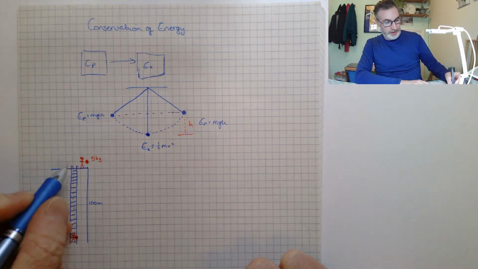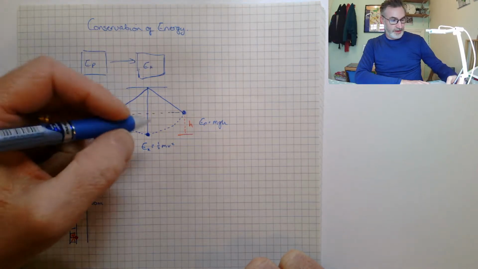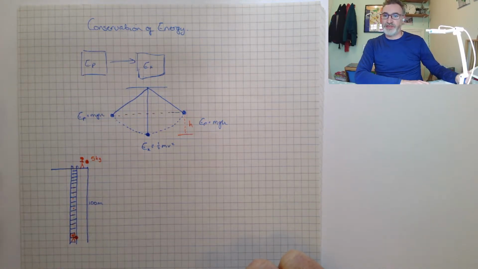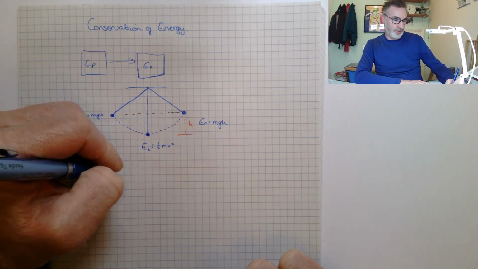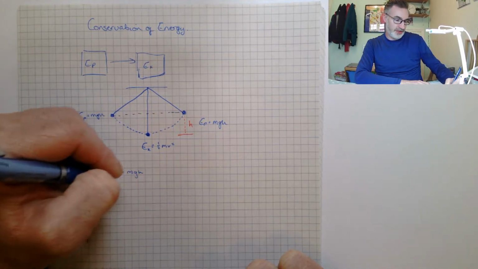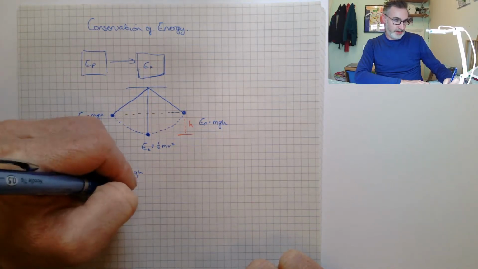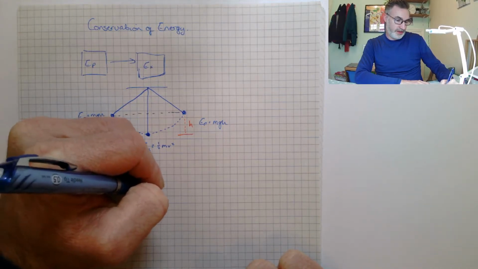So tall ladder, 5 kilogram mass that's now 100 meters off of the ground. And if we want to work out the potential energy gained by this 5 kilogram mass, we'll have EP is equal to mgh, which is going to be 5 times 9.8 times 100.